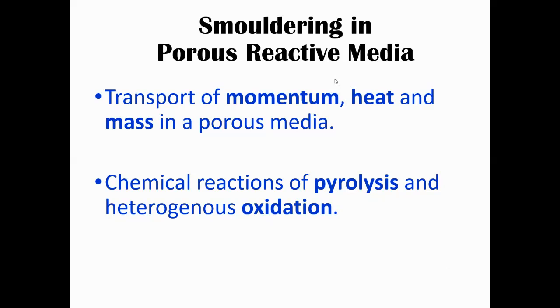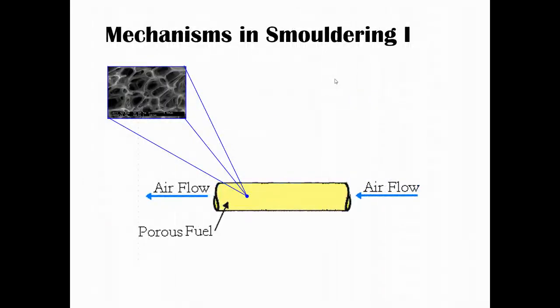Now I want to give you a picture of smoldering as a porous reactive media. In porous reactive media, you have transport processes, transfer of momentum, heat, and mass, and you also have chemical reactions, heterogeneous chemical reactions, pyrolysis, and oxidations. So you can see a little bit how they interplay together. The first one is, let's look into a one-dimensional rod of fuel.